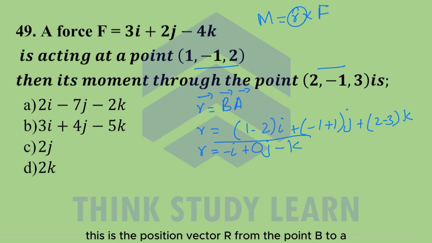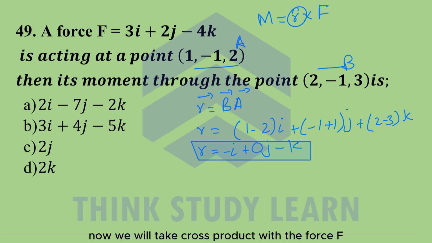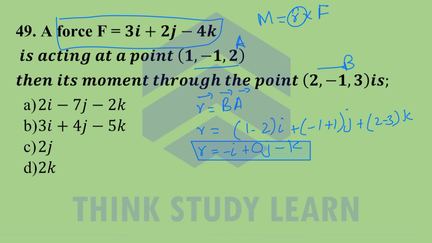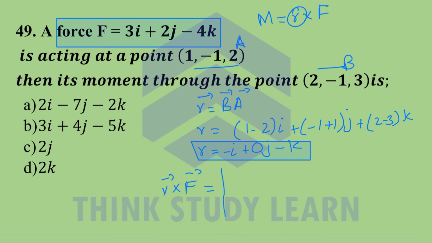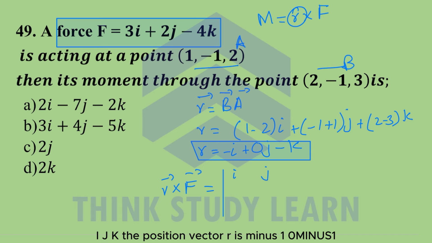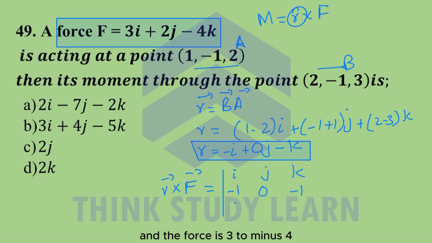This is the position vector r from the point B to A. Now we will take the cross product with the force F, then we will find out the moment. So taking cross product r cross F: i, j, k, the position vector r is minus 1, 0, minus 1, and the force is 3, 2, minus 4.